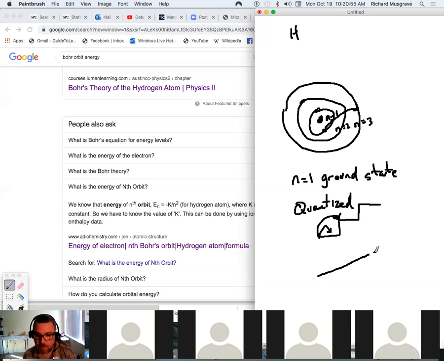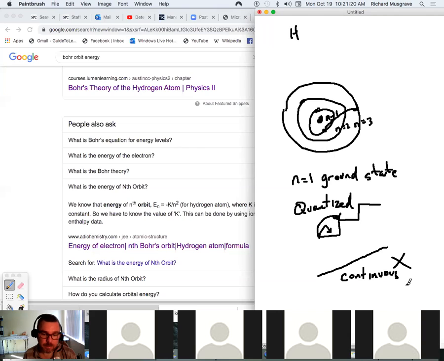This is different to the other possible way it could have been, which is continuous, which is more like a ramp. But that's not the way quantum mechanics works. It's because we need quantized energy. We need certain quantities of energy to jump from one energy to the next. We can't go halfway in between. So that's what's going on.